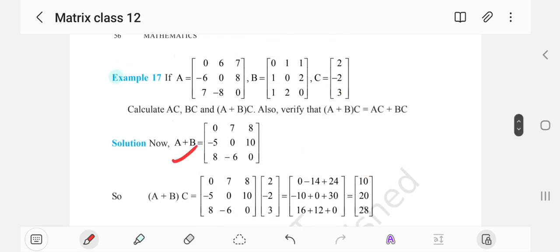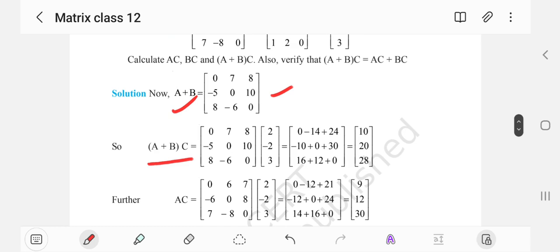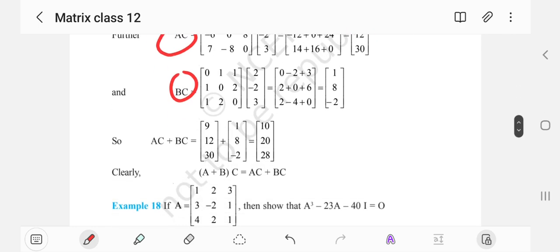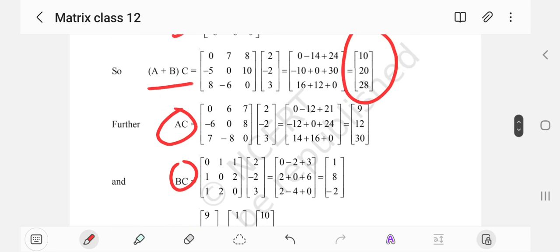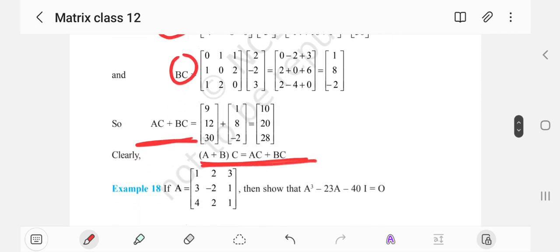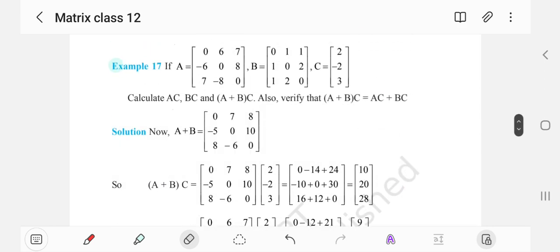Here it is shown that the addition of A and B will come out to be this. When I multiply this with C, I get this matrix, right? Now I am separately finding AC and BC and checking whether their sum is equal to this matrix or not. I will find that yes, they are clearly equal. What does this suggest? This suggests that the distributive property holds.